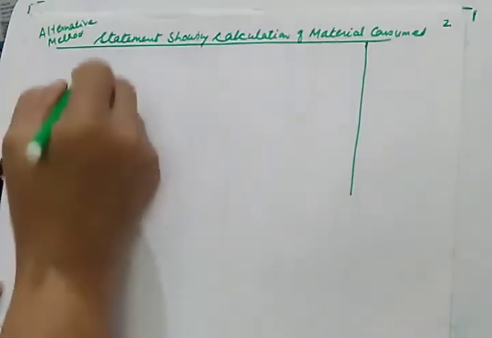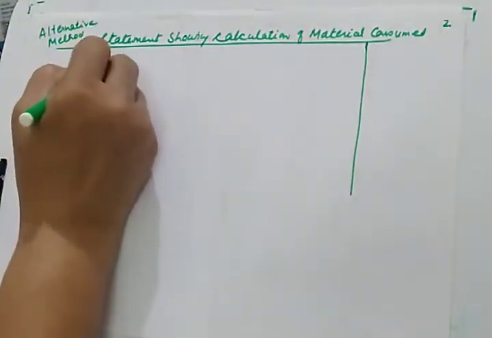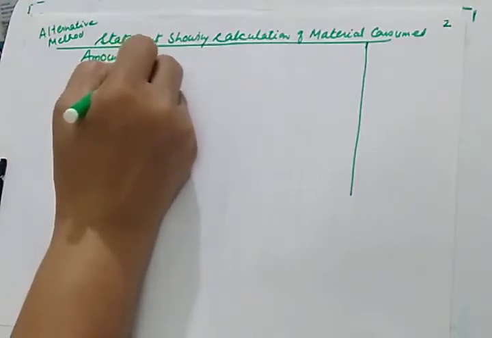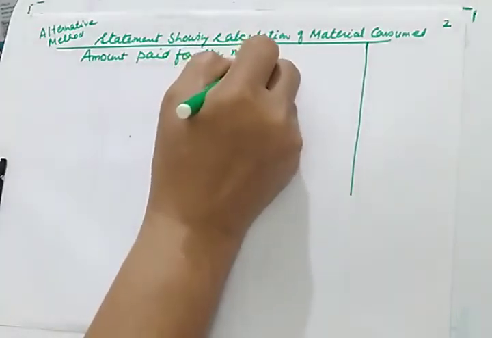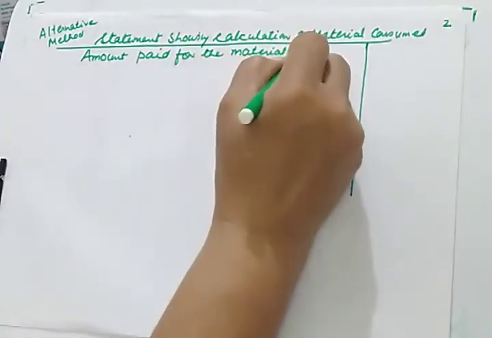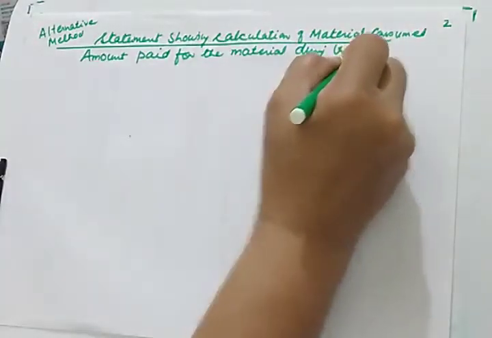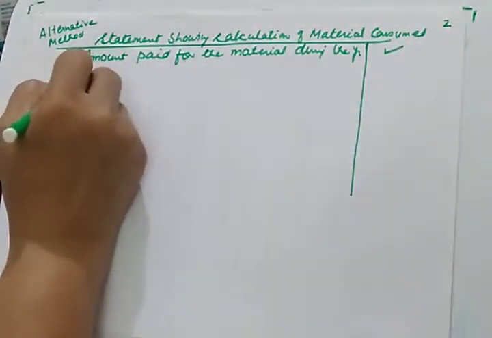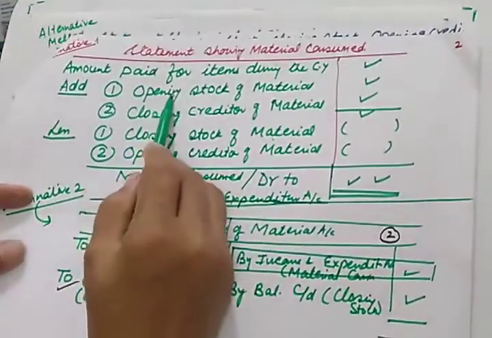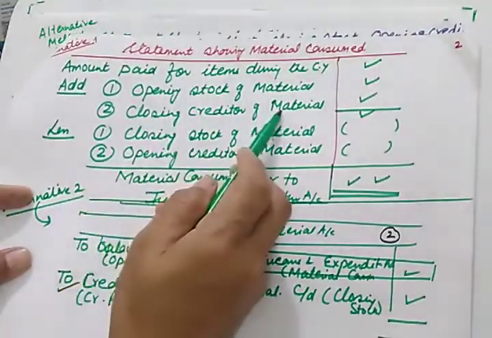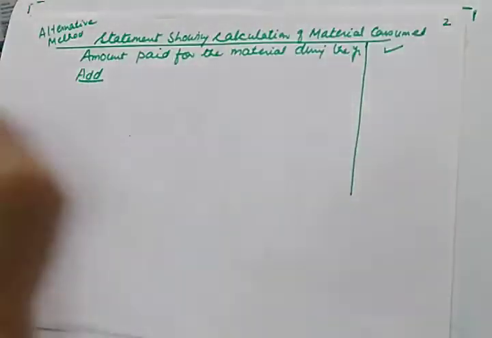The first will be the amount paid for the material during the year, and to this we'll add, as you know from situation 2, two items. Opening stock of material was added and closing creditors were added. So we'll do these two first.